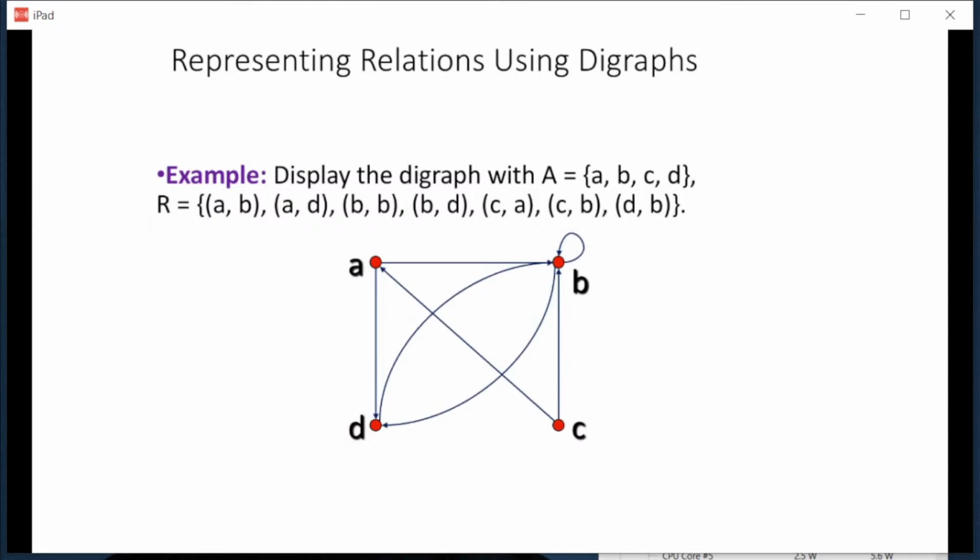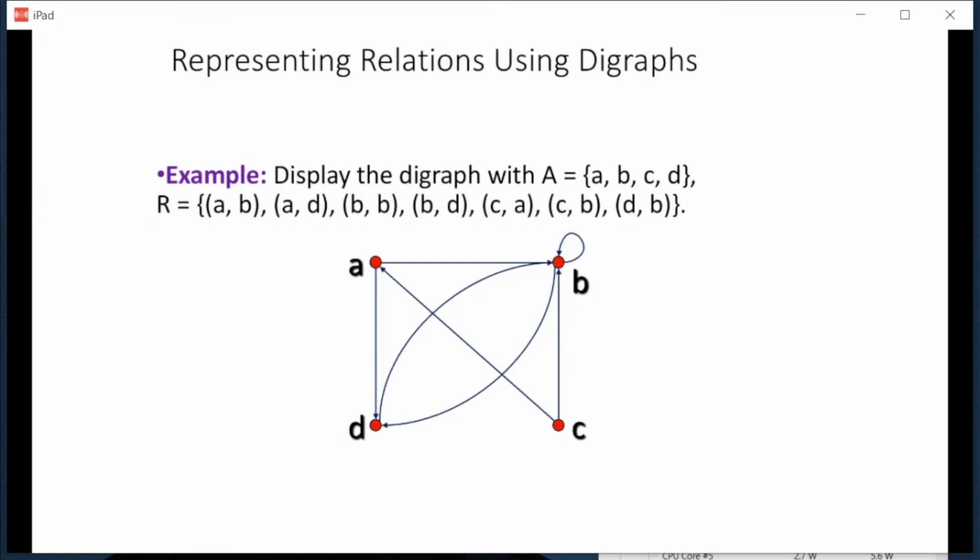Now the reason that this is useful is because if you want to think about composing two relations or composing a relation with itself, essentially what you're going to do is you're just going to go two steps along this relation.